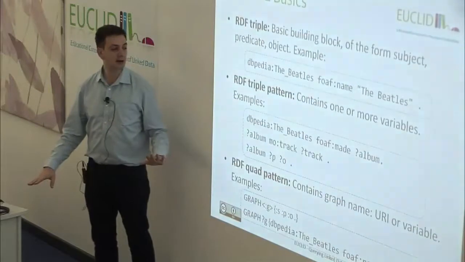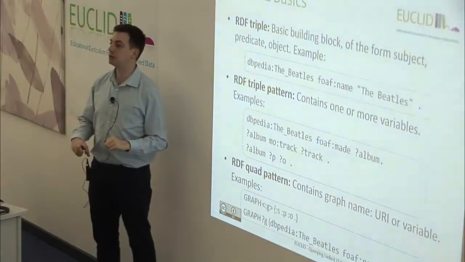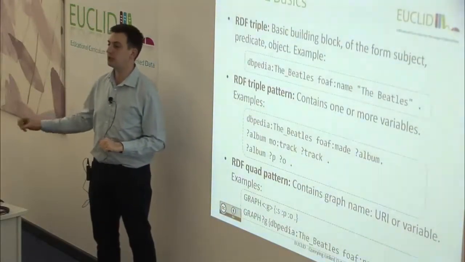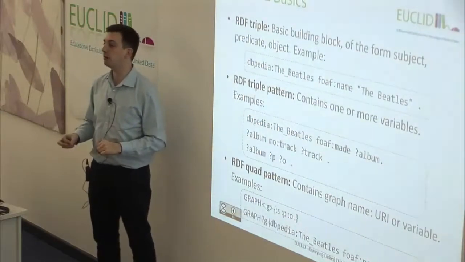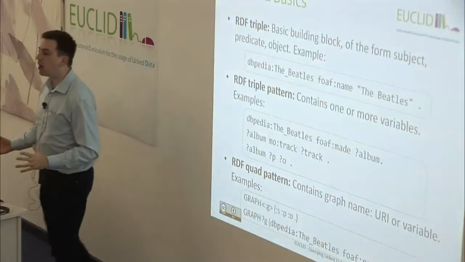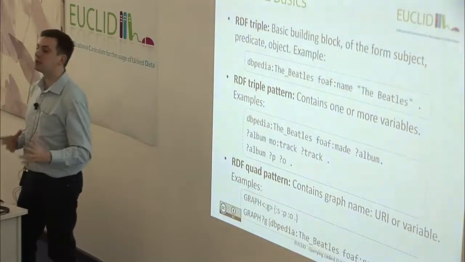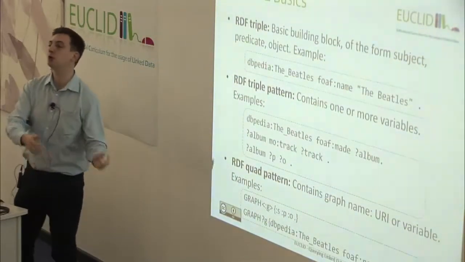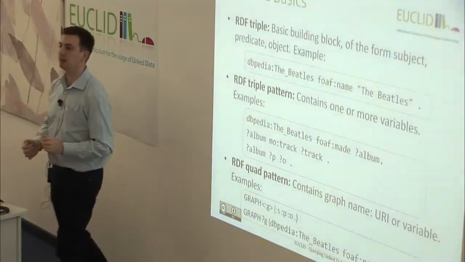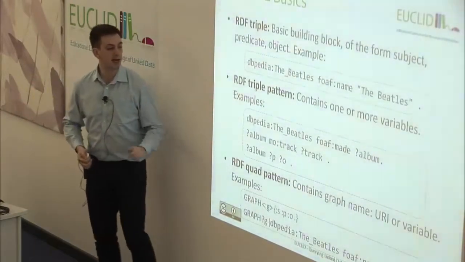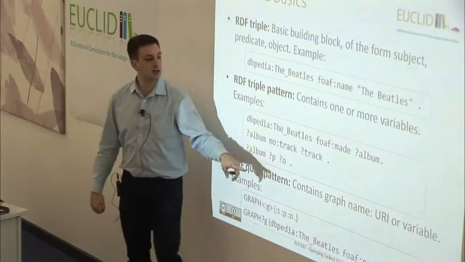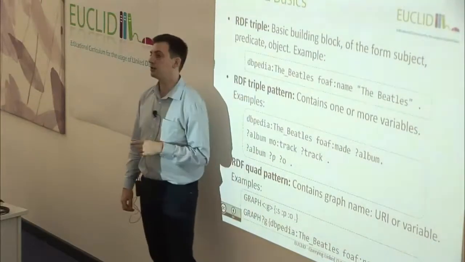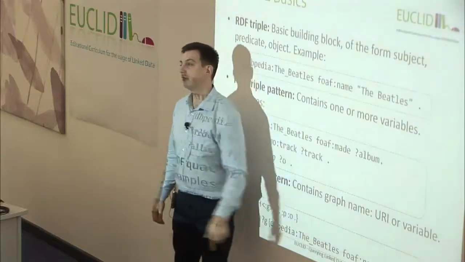In a pattern, we're allowed to use variables. So in any of these positions, subject, predicate, object, or we'll see in a second, graph, we can say, I don't know, I'm not asserting that, I want the store to tell me what can match here. So in a simple case, we could say the Beatles, again using the DBpedia ID, made, according to the FOAF vocabulary, something.